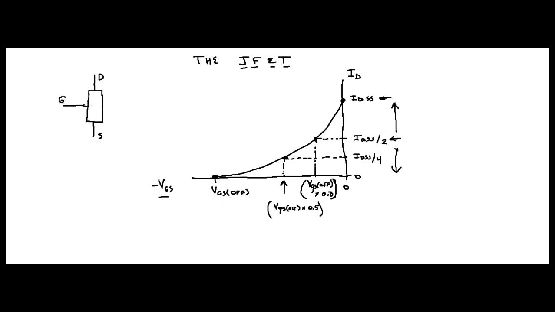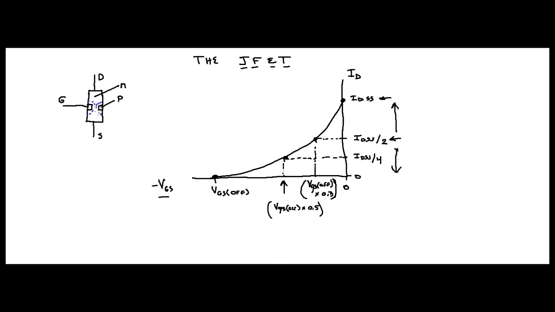Your gate material, your p-doped material, is going to come in here. Now you're going to have to reverse bias this, because remember, this is P, and this part here is N-type material. When you reverse bias, that means you apply a negative voltage to the p-doped region relative to the n-doped region, and that is going to create your depletion region here.